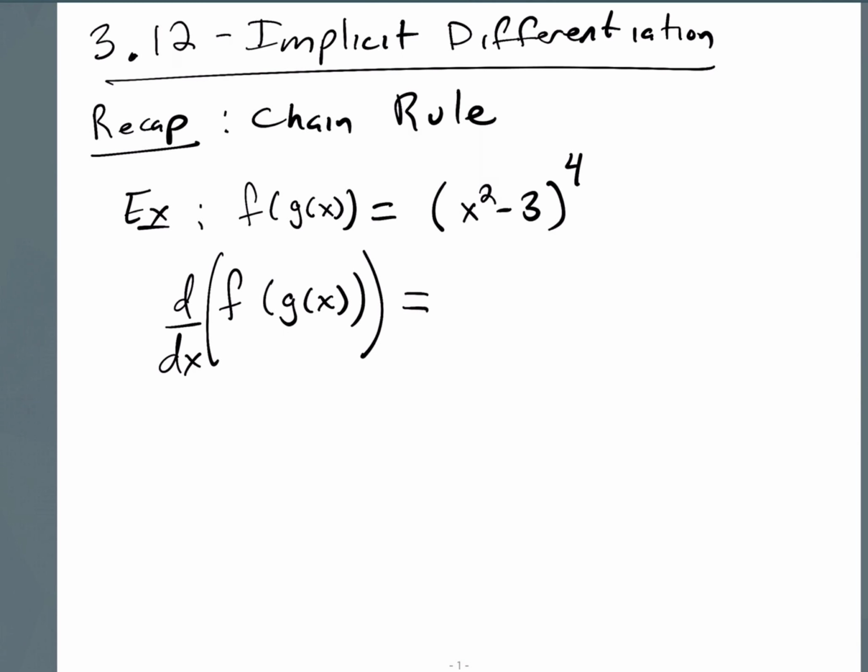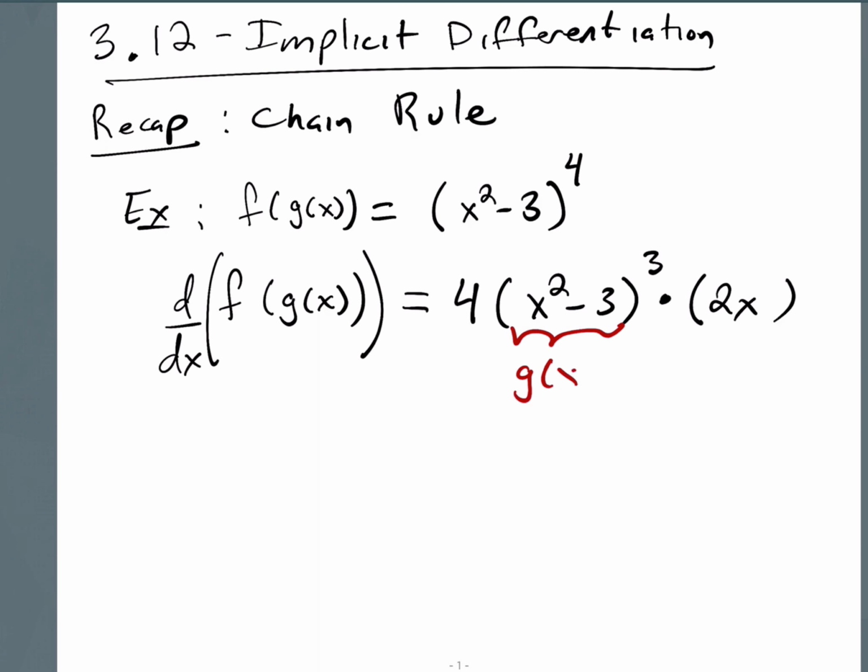Here the inside function g of x is x squared minus 3, and the outside is x to the 4th. This is a pretty easy one compared to the ones we did last time. So what is it? 4 times x squared minus 3 to the 3rd, times 2x.